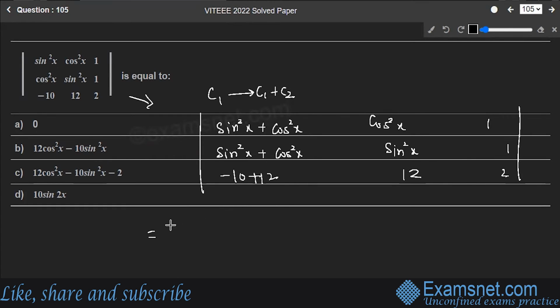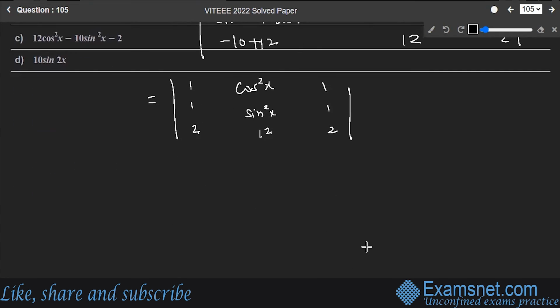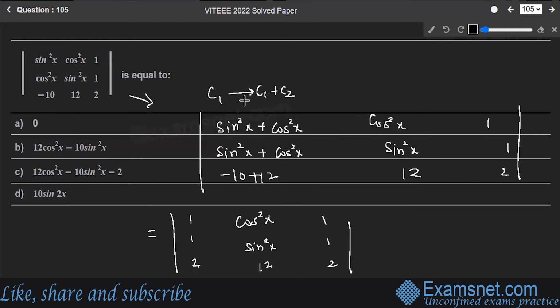So sin²x plus cos²x, 1, 1, and this is 2, cos²x, sin²x, 12, 1, 1, 2. Now the two columns are the same, therefore the determinant is equal to 0.